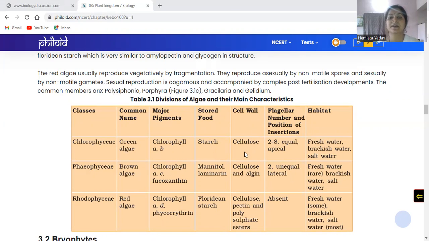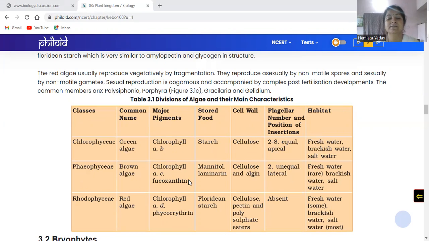The cell wall is made up of cellulose. Flagella number is 2 to 8, equal flagella with apical insertion. Habitat is fresh water, brackish water, and salt water. Brackish water is the estuary water, which has medium salinity. Salt water is marine water, high salinity.